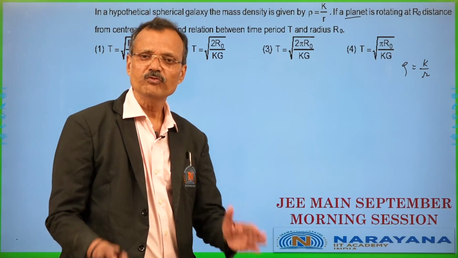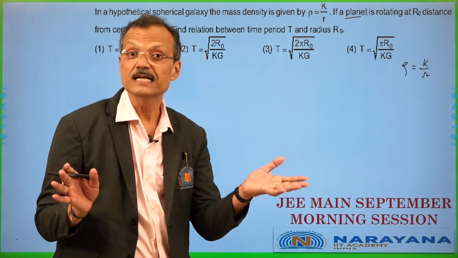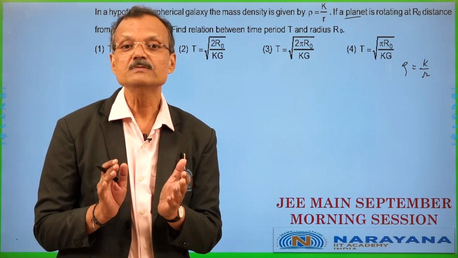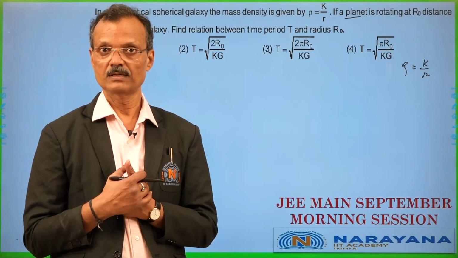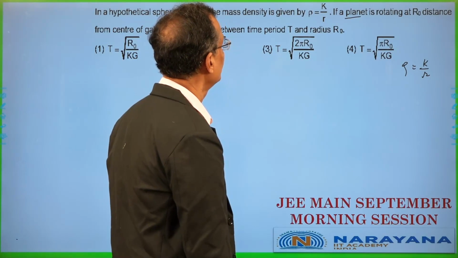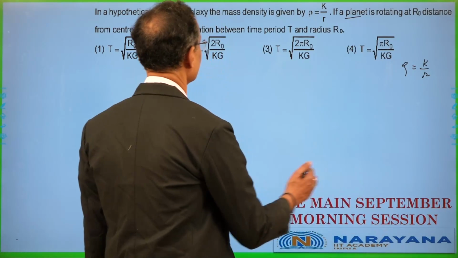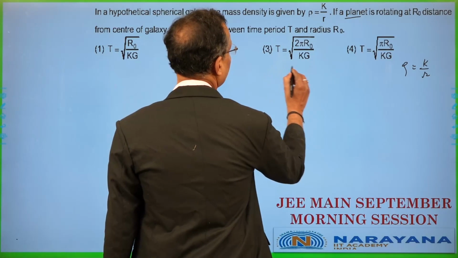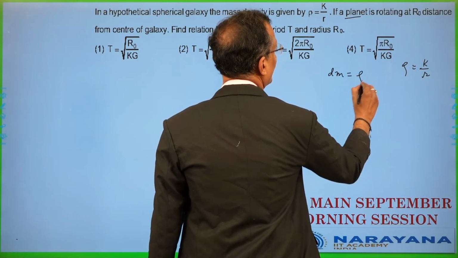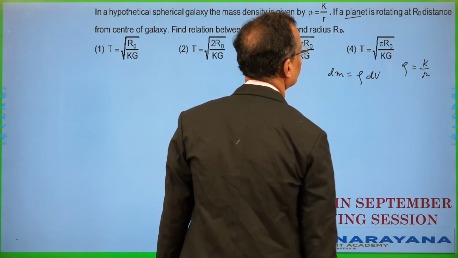Clear? So first till R0, it is galaxy. We'll have to consider how much mass I should consider. For finding the mass, I'll go for distance, so my dm will be equal to rho dv. Clear?